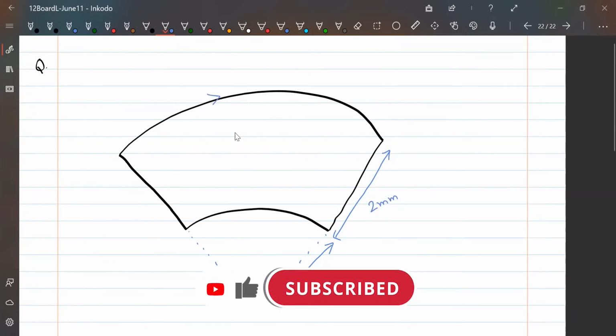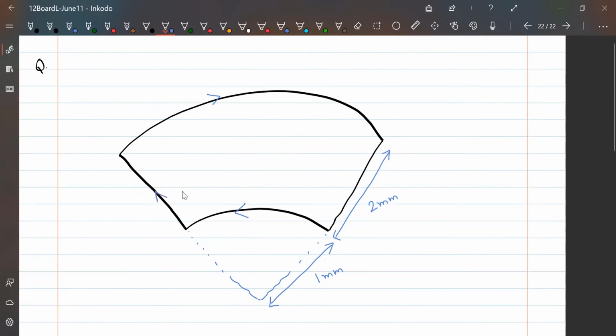The current is in the clockwise direction. The value of the current is 100 ampere.